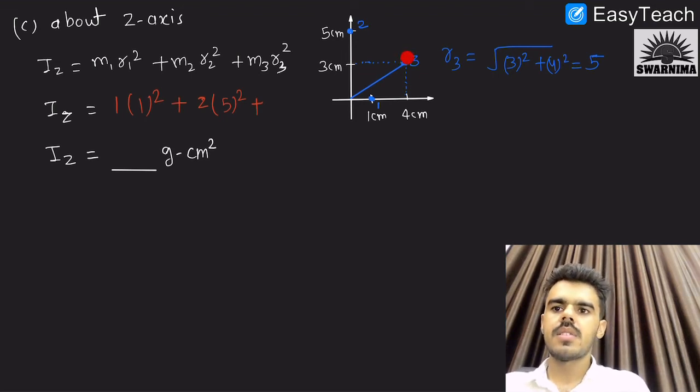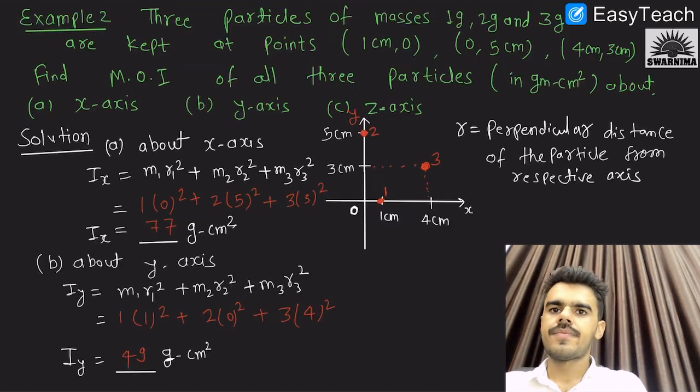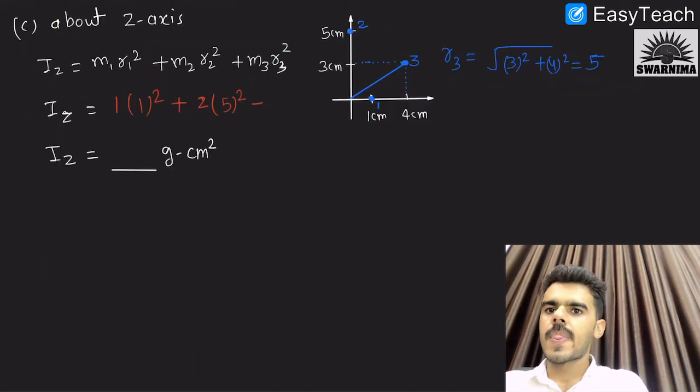So this becomes the perpendicular distance. So r3 is equal to under root of 3 square plus 4 square. So this becomes 5. So 3 into 5 square. So this is 1, this is 25 into 2, 50, and this is 25 into 3, 75. 75 plus 50 plus 1. So it becomes 126.